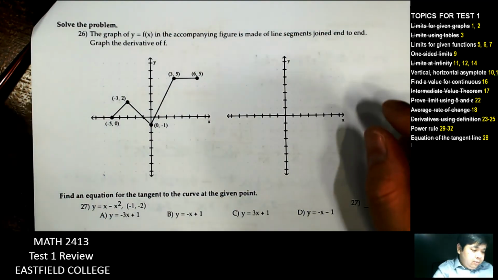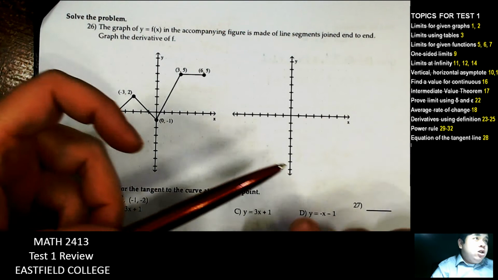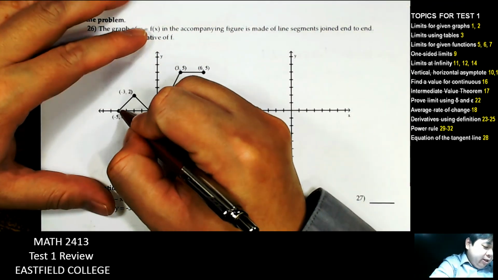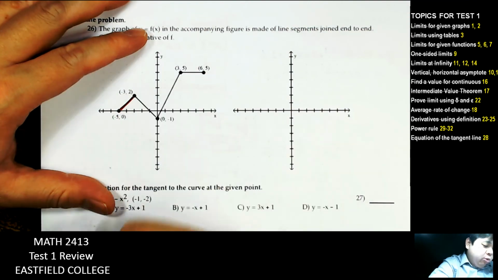Right. So we have the graph of the function. Now try to graph the derivative. First, the slope of this one looks like go up 1 to the right.